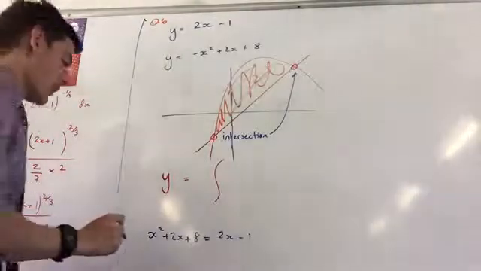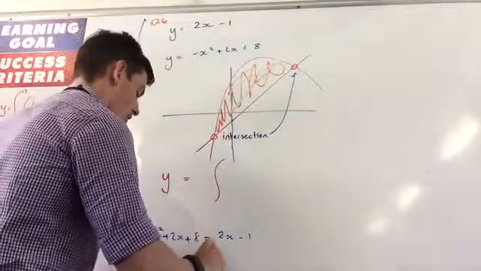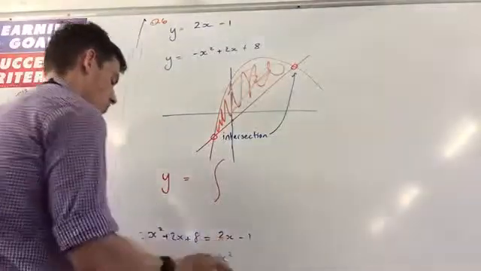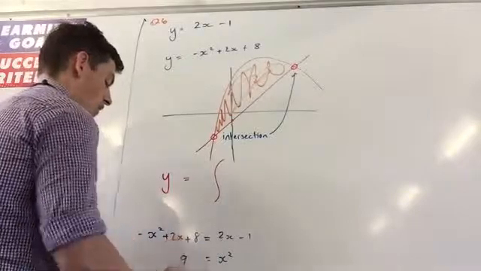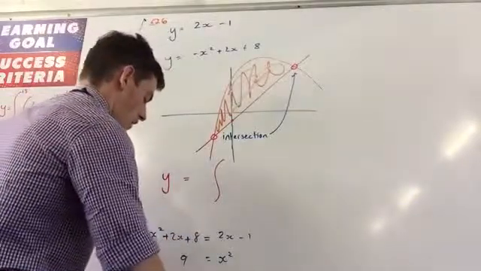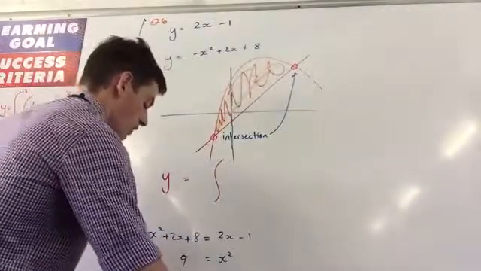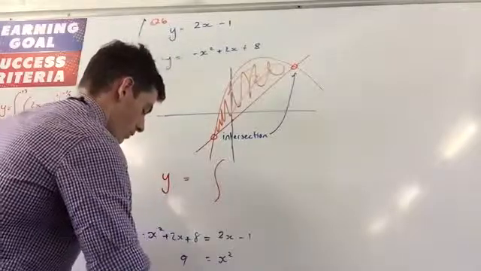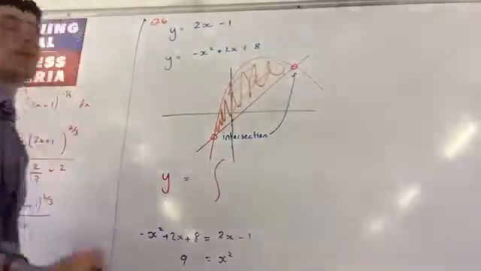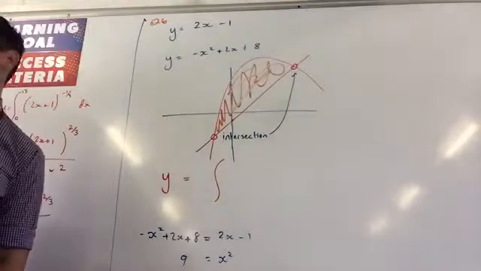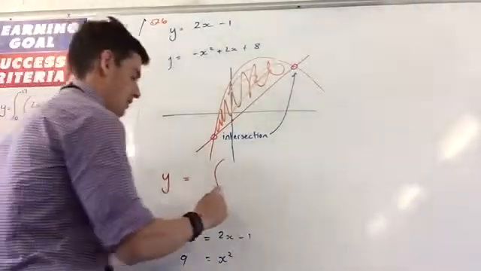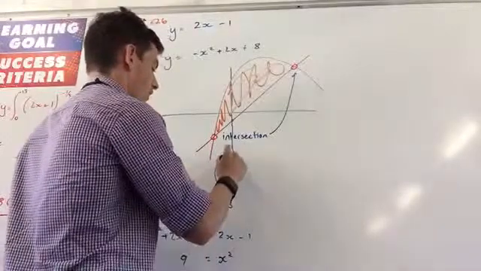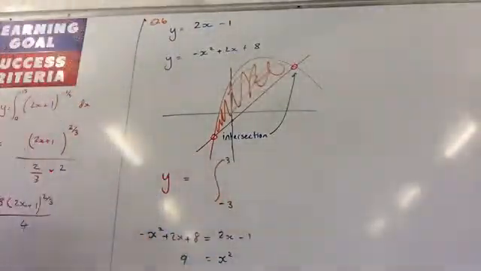When we rearrange that, the two x's will cancel, x squared equals 9, x equals plus or minus 3. So I know that my lower limit is negative 3 and my upper limit is 3.